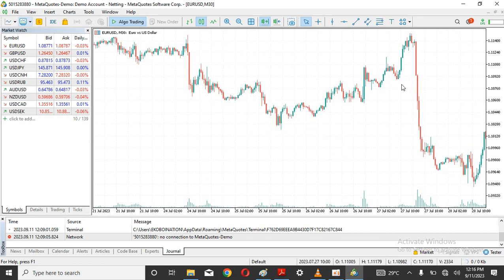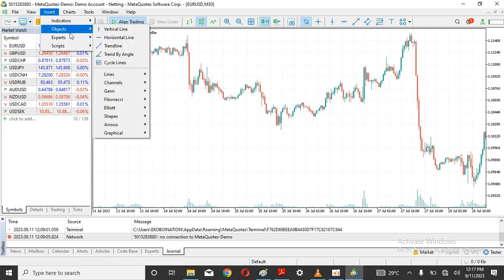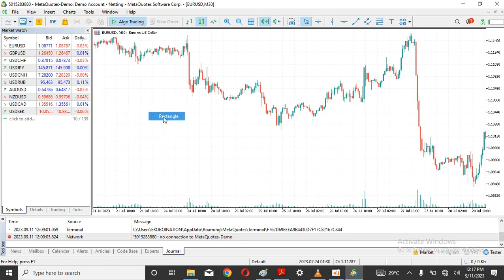For a bullish order block, it will be your last bearish candle before a bullish push. That's the candle you're going to mark your order block from. So objects, shapes, rectangle. Let's start from where the market broke structure here, and use this as an example.